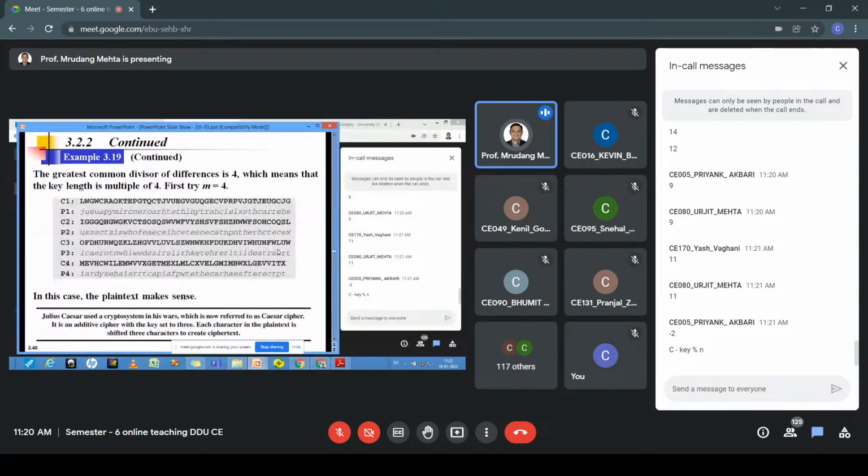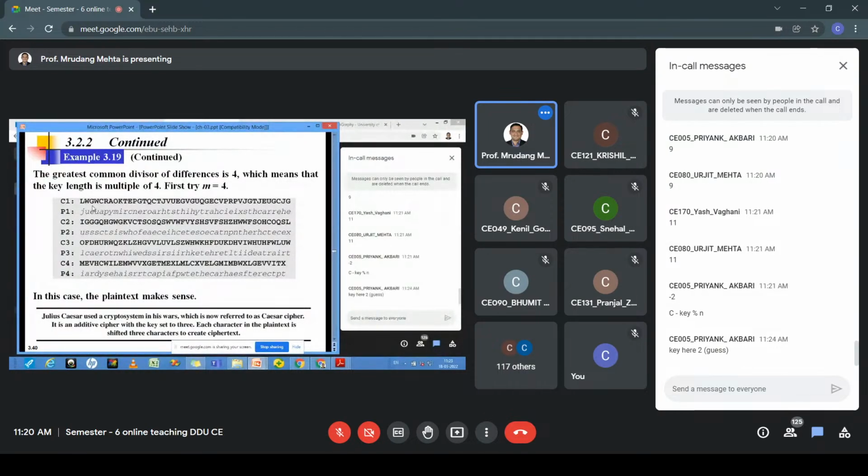Okay. So how will you find this L to J? What method will you apply? Priyank, can you answer? Urjit? We know the value of C, that is 11, and we know n equal to 26. Okay. So here we guess that, let's say it is 2.